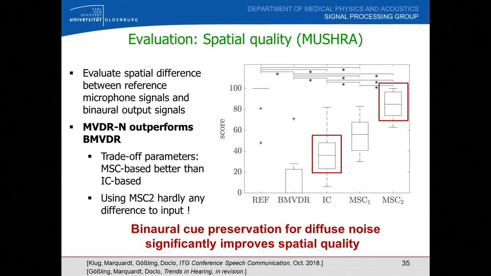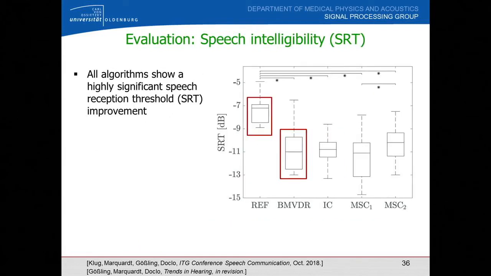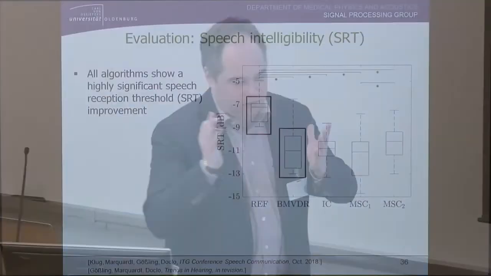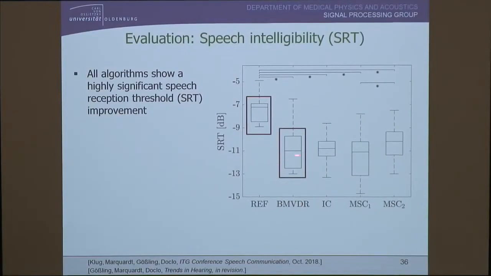Of course, the question is then what happens to the speech intelligibility? I should remind everybody that for normal hearing subjects, at the input, the SRT was about minus 7 dB, which is a typical value for diffuse noise. The MVDR with these 4 microphones brings about 4 dB improvement. That's also according to literature, so it can be expected.